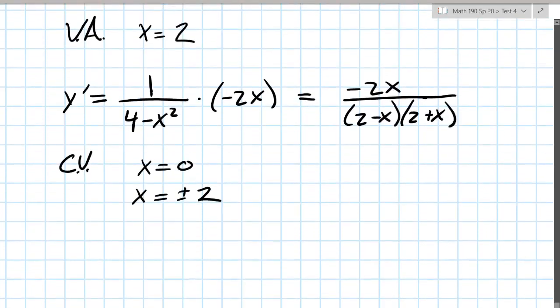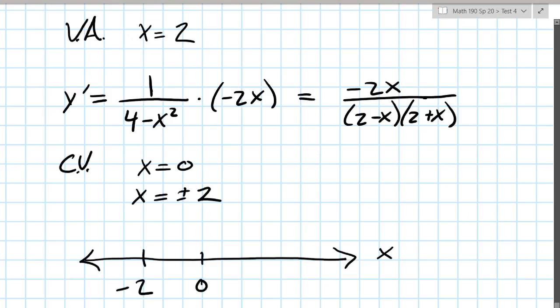And we'll recall that plus and minus 2 are not actually critical values, since they're not actually in the domain, but they are important for our number line and for our graph. And I'm going to put some dotted lines here to remind us that there are vertical asymptotes there, and I'm going to X this stuff out since this is out of the domain of the function.